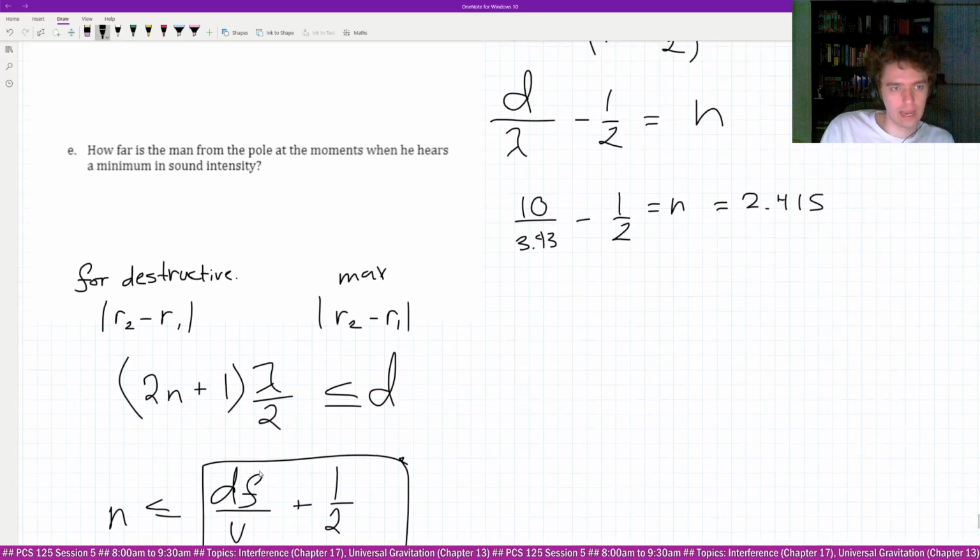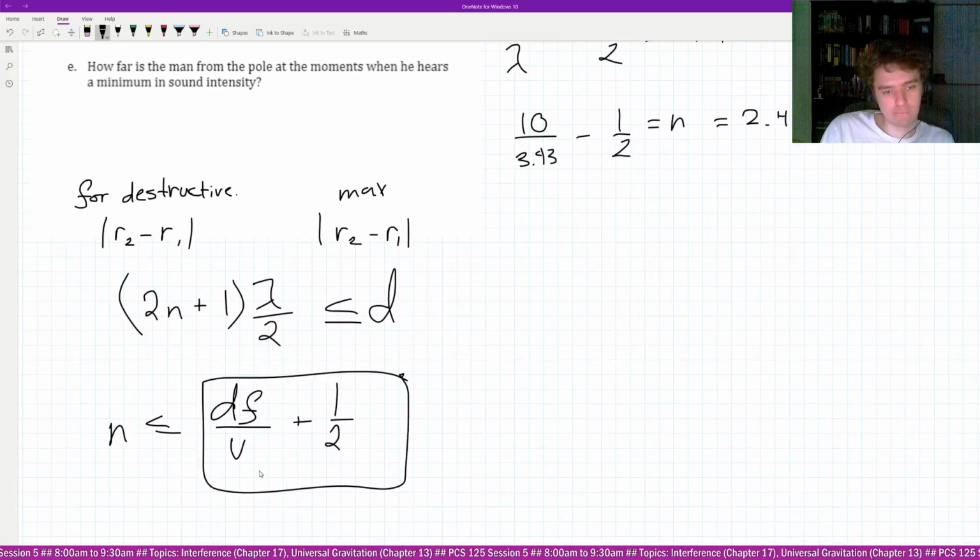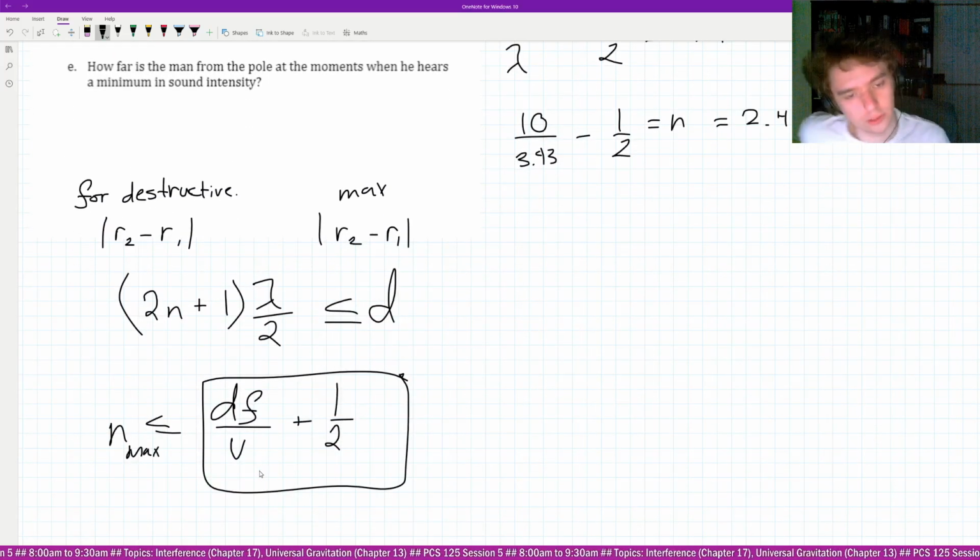Distance isn't relevant. It's just any n value that's less than or equal to whatever the right side equals, and that would be one destructive interference that occurs for that n value. This is the max. Okay, yeah, sure, that works.